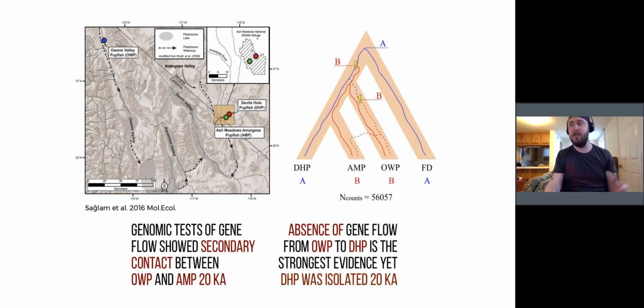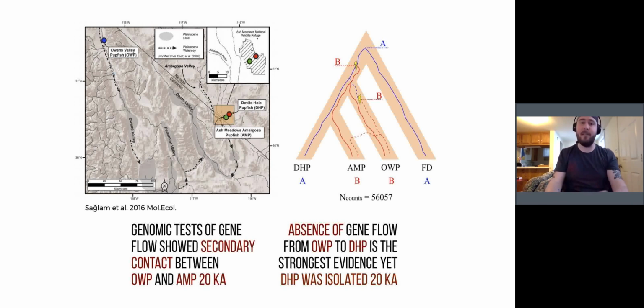So that's what we did using genomic information. We tracked the novel mutations on this branch to see if we could see these novel mutations either in the green species or in the red species, which is ours. And what we actually found is that all of these novel mutations always occurred in the Ash Meadows pupfish. And when we tracked the timing of this migration, it was 20,000 years.